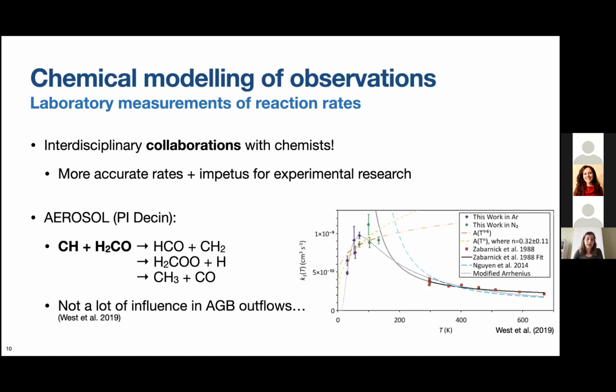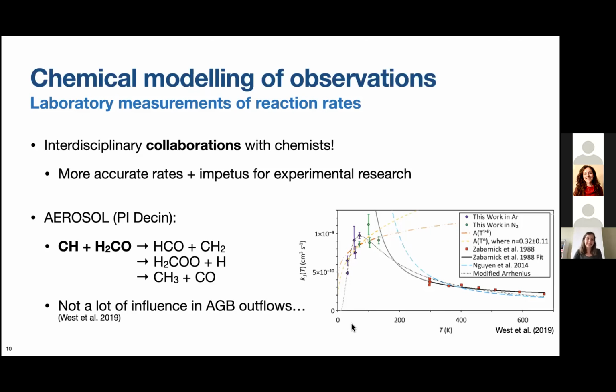I'm part of the AEROSOL consortium, where we collaborate with chemists at the University of Leeds, and Niclas West has improved upon the reaction rate of CH plus formaldehyde, so both the rate itself as well as its temperature dependency. Now, I plugged that back into our chemical model, and it doesn't really have a lot of influence for an AGB outflow, a bit more so for dark clouds, but yeah.